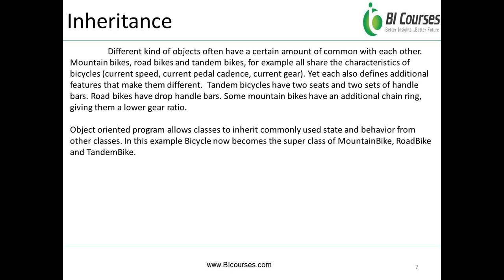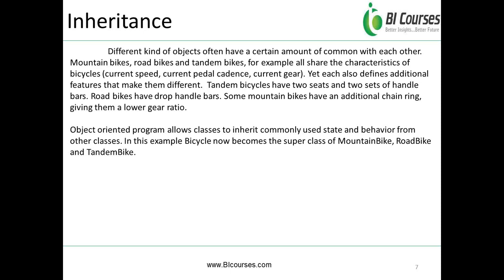Mountain bikes may have some additional characteristics from the normal bikes. In the same way, tandem bicycles have two seats and two handlebars, whereas road bikes have drop handlebars, and mountain bikes have an additional chain ring, giving them a lower gear ratio.